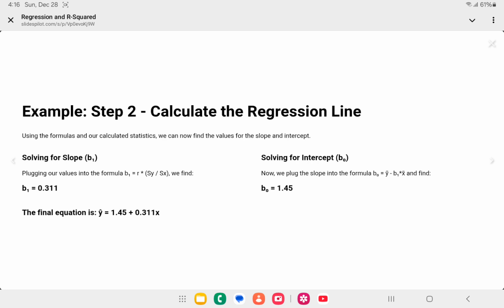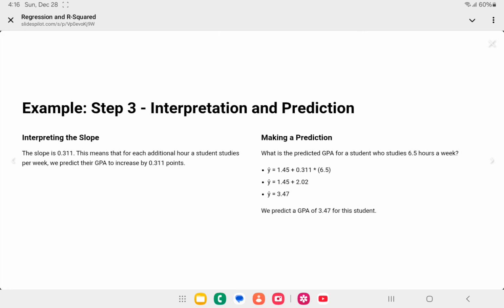The slope of a regression line predicts the change in y when x increases by 1 unit. So in our example, the slope is equal to 0.311. Therefore, we say that as study time increases by 1 hour, we predict a student's GPA to increase by 0.311. We can actually use this equation to predict a value of y using any value of x.